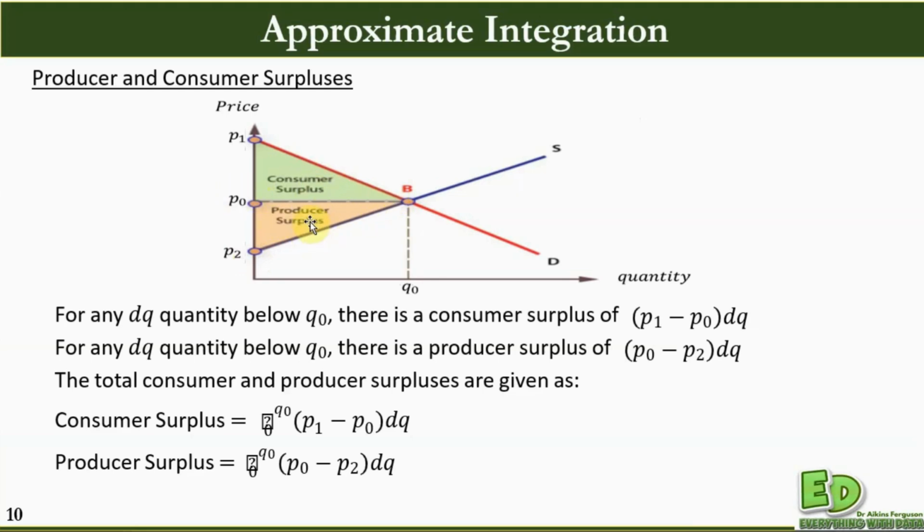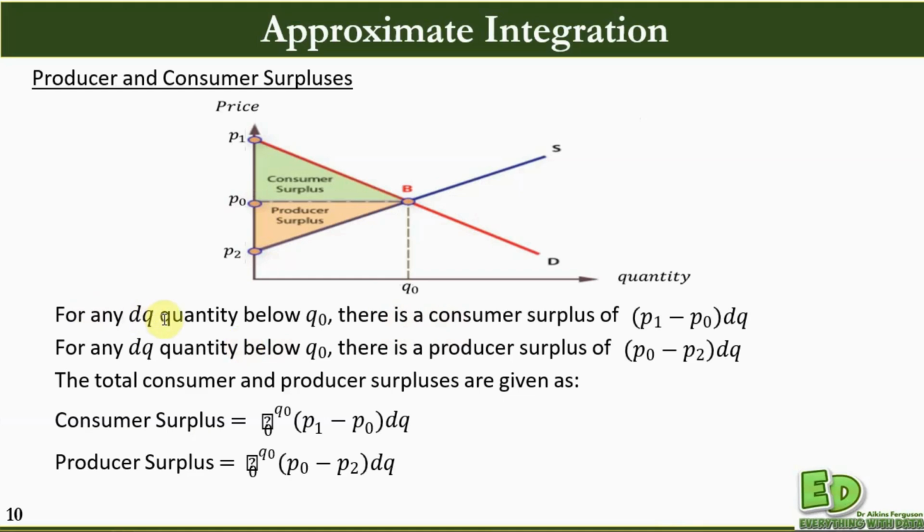So if you have something like this, P1 here is the demand function, P0 here is the initial price, P2 here is the supply function, and Q0 here is your initial quantity.